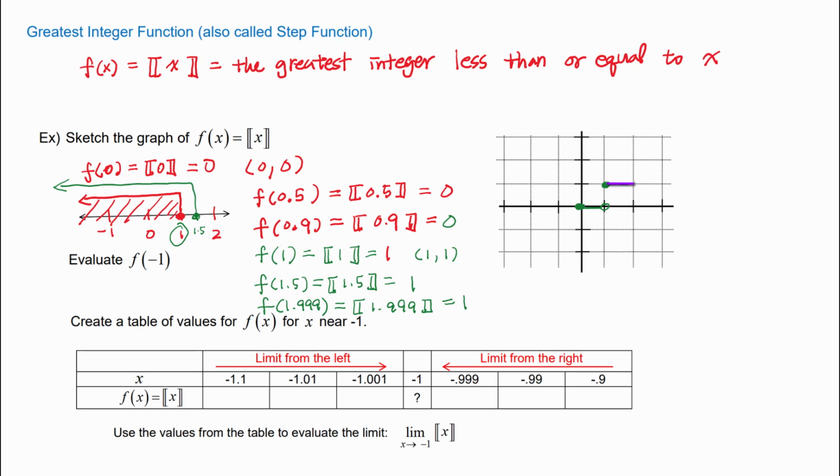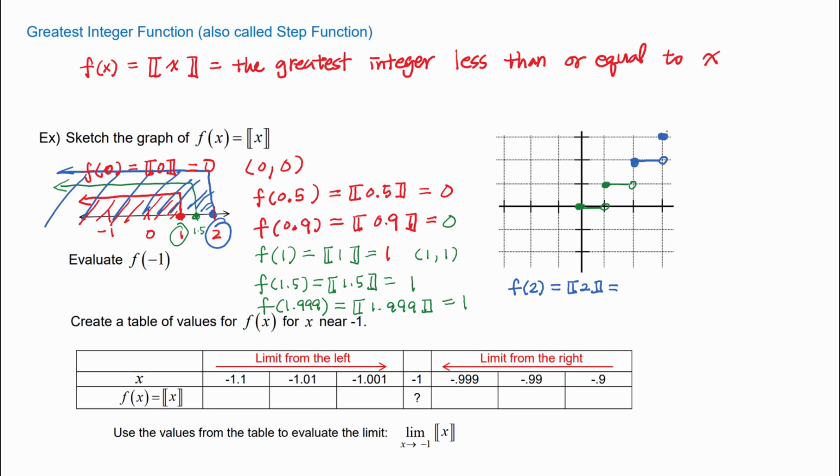Yes, until you hit 2. Because when x equals 2, the greatest integer less than or equal to 2 is 2. So it becomes 2 at 2, until you hit 3. At 3, it's going to be the value 3. So you can see why this function is also called the step function. It looks like a step.